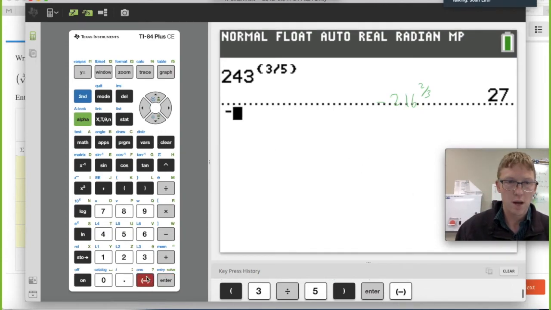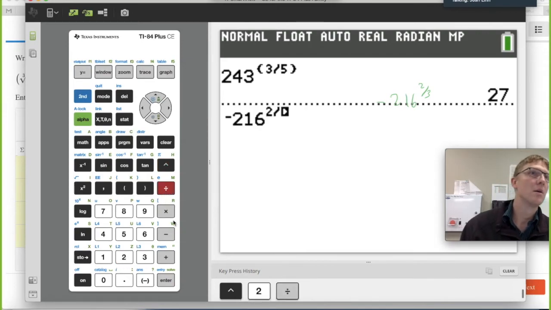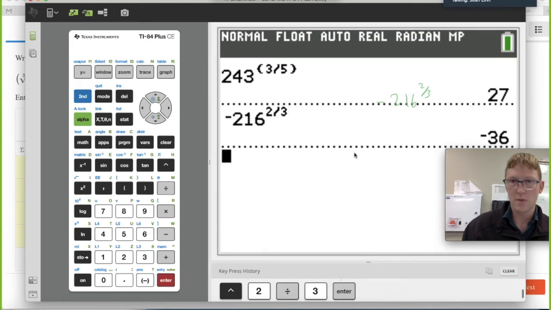So negative 216 to the power of 2 divided by 3 equals negative 36. Now, if we were to put that negative sign underneath a square root, we'd get a syntax error or something like that. You can't do that. But you can do it here because it is a cube root, not a square root.